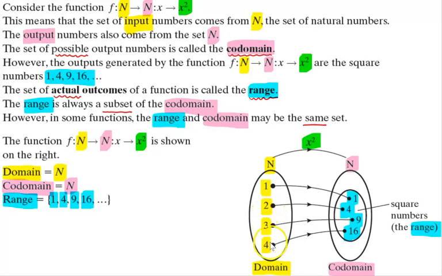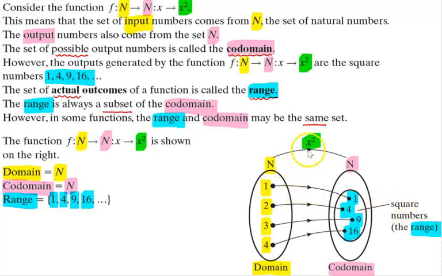So 1, 2, 3, 4, and so on. The natural number set obviously is more than just 4 numbers, but there's just 4 shown in this mapping diagram. The function itself, the rule, is x squared, and the codomain is the natural number set as well. But the range of this particular function is square numbers.